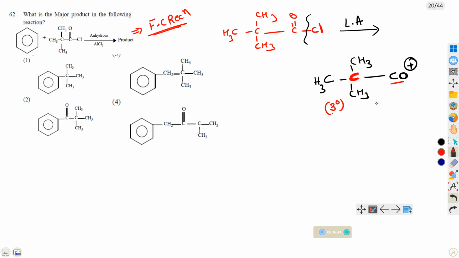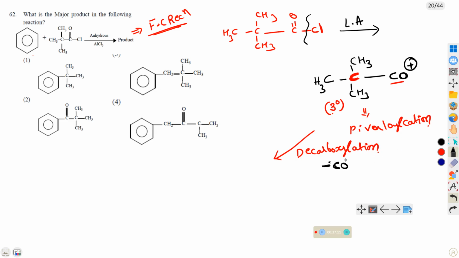So the reaction intermediate formed is (CH3)3C-CO plus, also called the pivalyl cation. Decarbonylation takes place. It loses CO. Remove the CO group. Then it gives (CH3)3C plus.